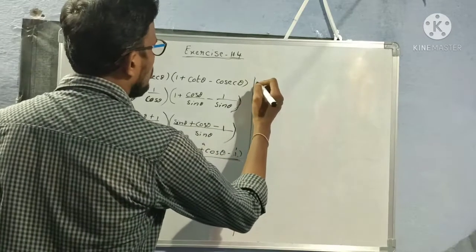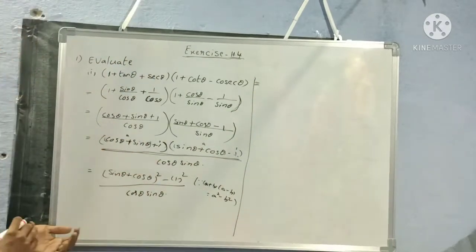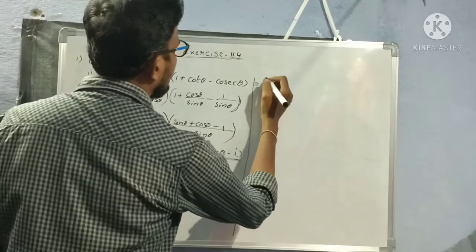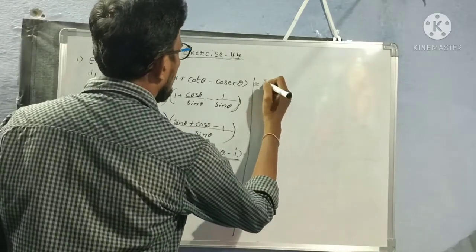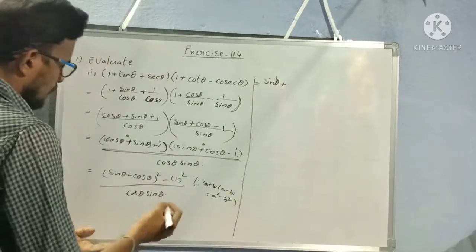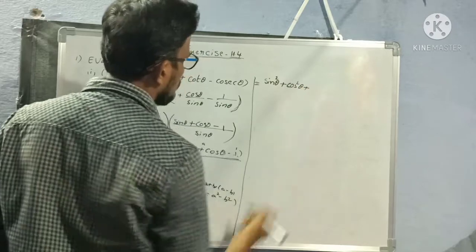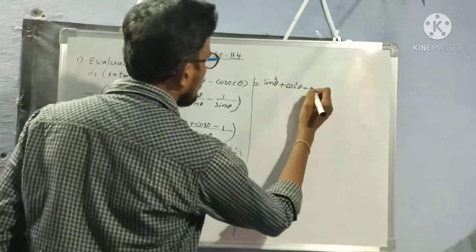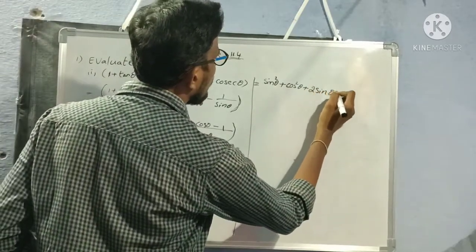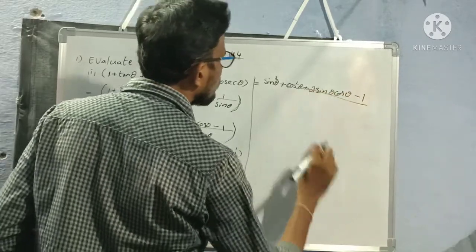Now I need to expand sin theta plus cos theta whole square using a plus b whole square, which gives a square plus b square plus 2ab.